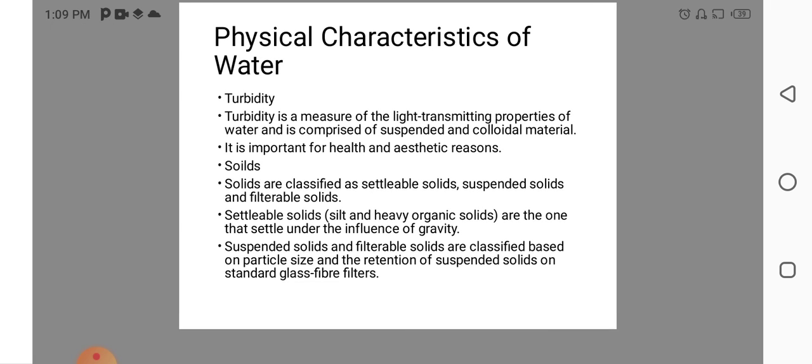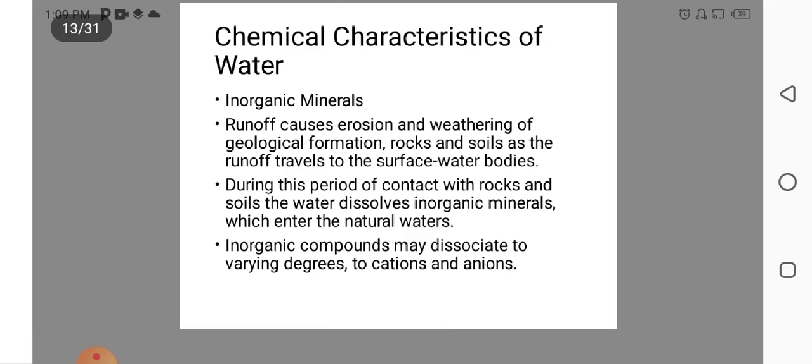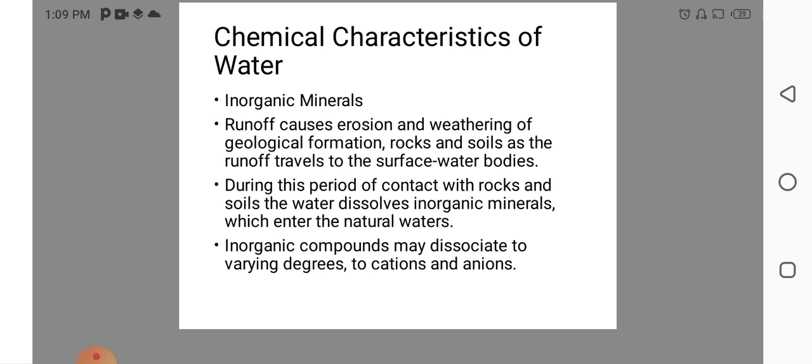Turbidity. The light transmitting property of water is affected by suspended and colloidal matter. It contains solids: settleable solids, suspended solids, filterable solids, etc. Inorganic minerals. Runoff causes erosion and weathering of geological formations, rock and soil, as runoff travels to the surface water bodies.